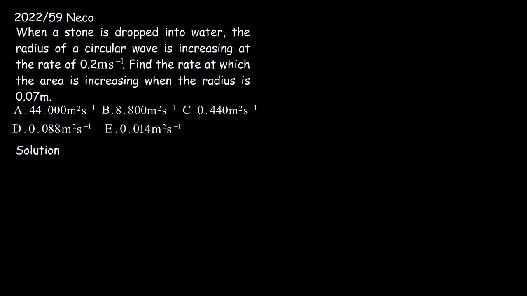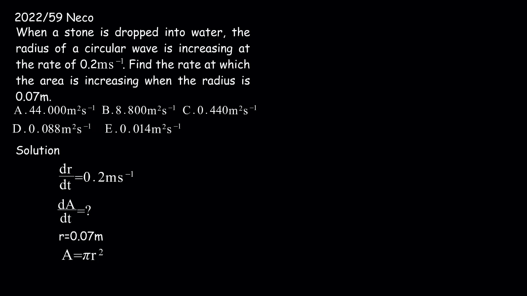Now the very first information in our question is the rate of change of radius with time, which is dr/dt, and the value of dr/dt is 0.2 meter per second, and we are looking for dA/dt, that's the rate of change of the area with respect to time when r is equal to 0.07 meter.